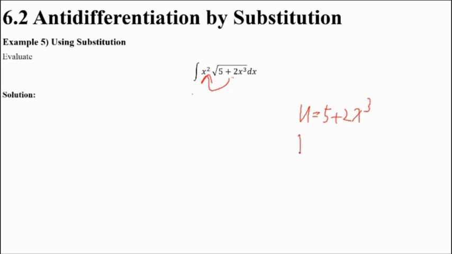So du, when you take the derivative of this one, will be 6x squared dx. One more maybe. Du over 6 will be x squared dx. Can you see that?